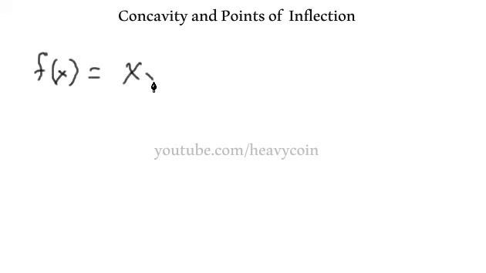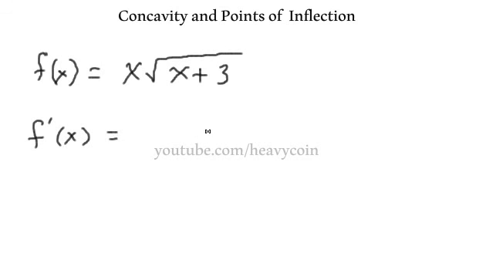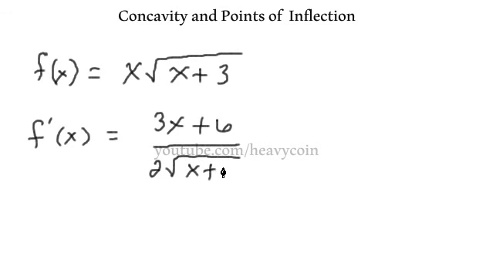So we started with, this is what we just got through graphing, x times the square root of x plus 3. And then we found the first derivative. Remember, the first derivative helps us find where the function's increasing and decreasing and our critical numbers for maxes and mins, if they exist. And of course the first derivative was 3x plus 6 over 2 times the square root of x plus 3.